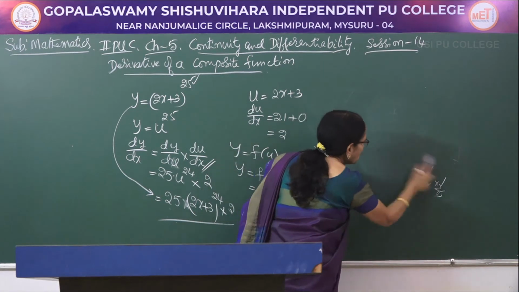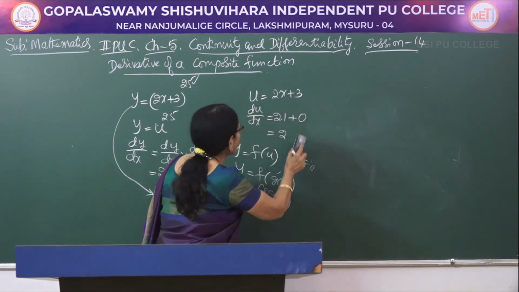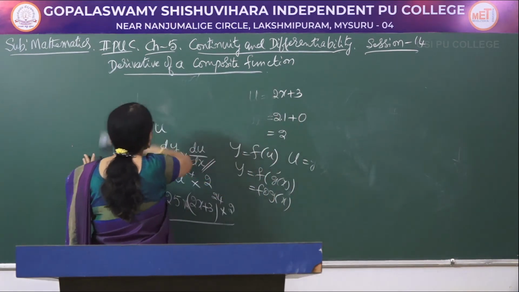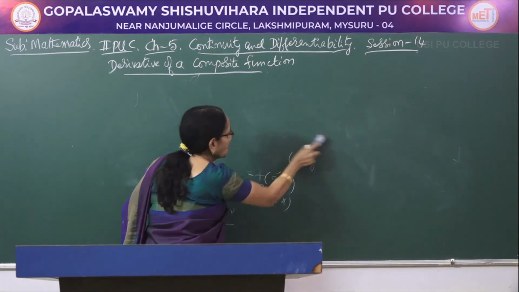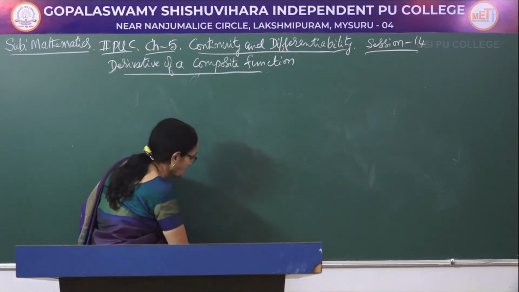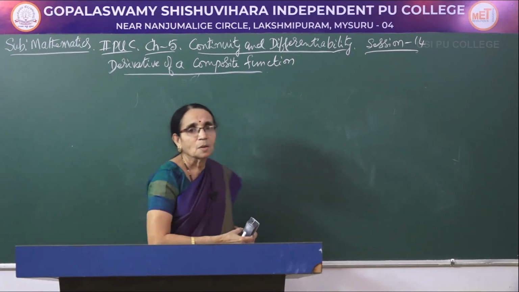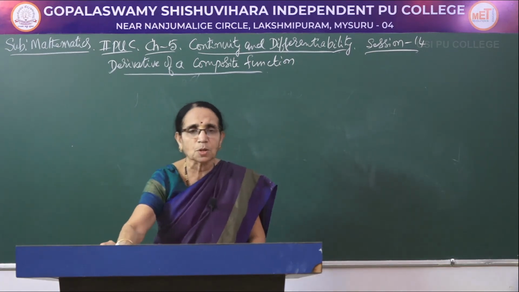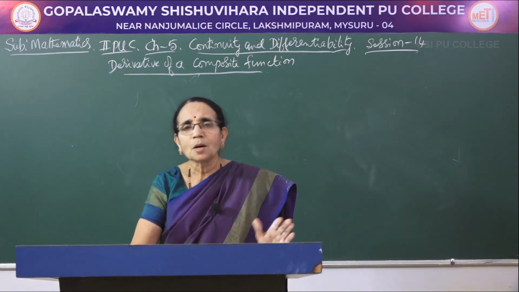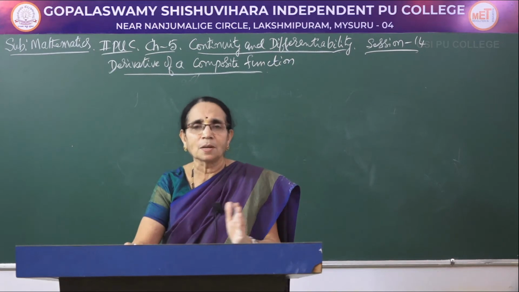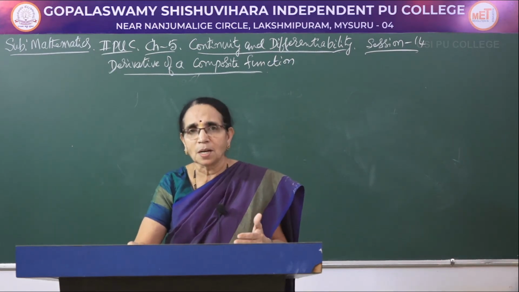So, by making a proper substitution, the composite function becomes a simple function. But while differentiating, you cannot directly differentiate y with respect to x, because after making the substitution, y would be written in terms of some other variable. So, you have to go on differentiating one by one, dy by du into du by dx.